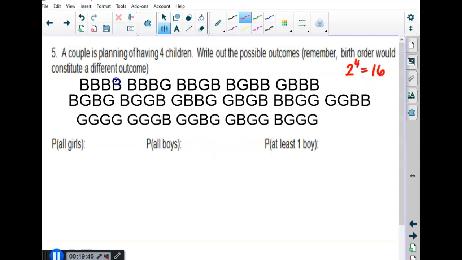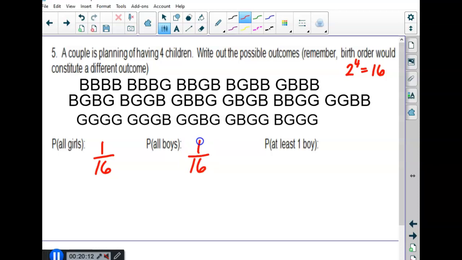Did that work for what I wrote? 1, 2, 3, 4, 5, 10, 11, 12, 13, 14, 15, 16. I had 16 possibilities, right? So how many of them had all girls? Only 1. What's the probability of all boys? 1.